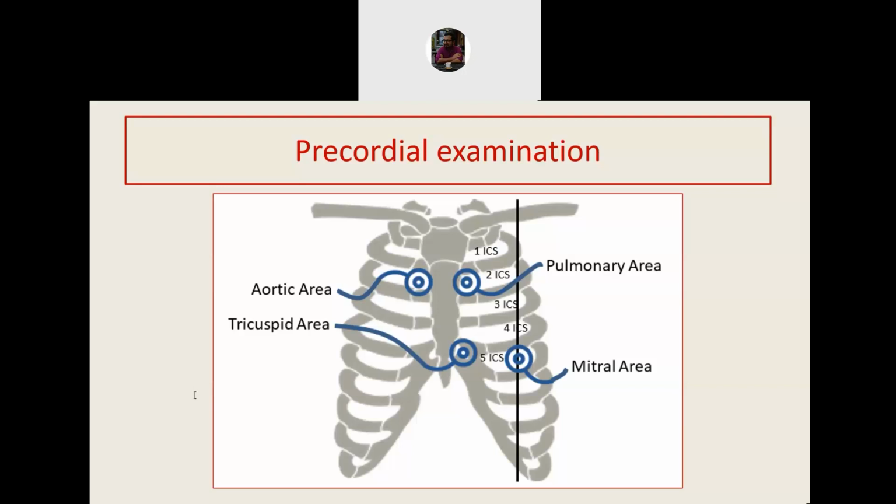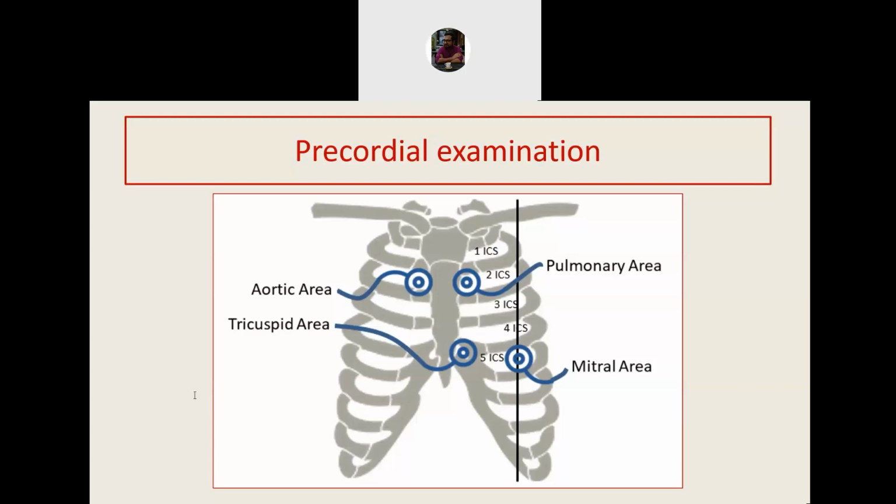So in mitral area, any sound produced in the mitral valve will be heard best. Doesn't necessarily mean that the mitral valve is just below that area. Similarly, in aortic area, the sound from the aortic valve will be heard best. It doesn't necessarily mean that the aortic valve is below that area. So these are not surface markings for the valves.